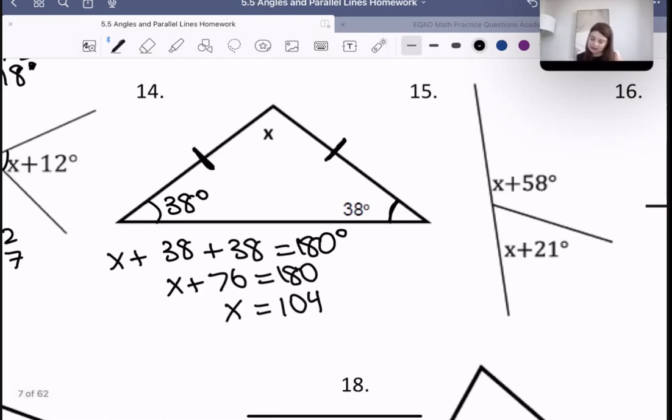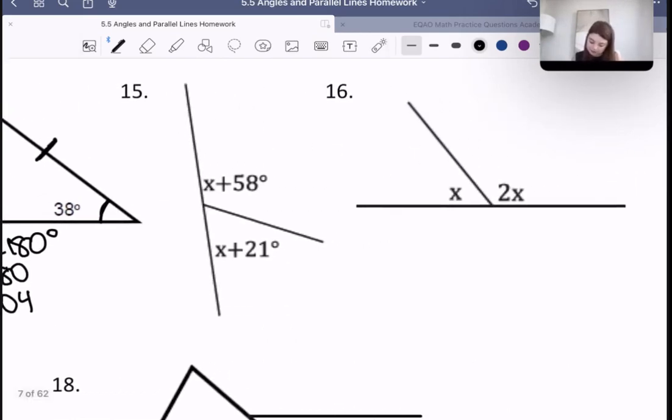Okay. Let's move on to 15. Well, for 15, we know that this angle and this angle must be the same, right? Sorry, not must be the same. They must add up to 180 degrees. So let's solve for x this way.